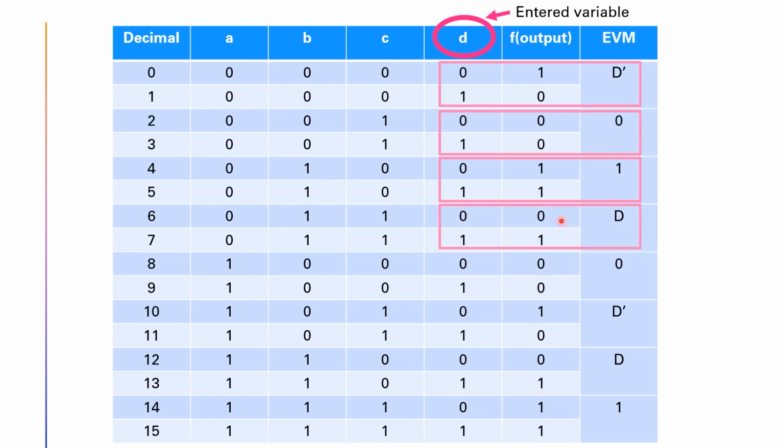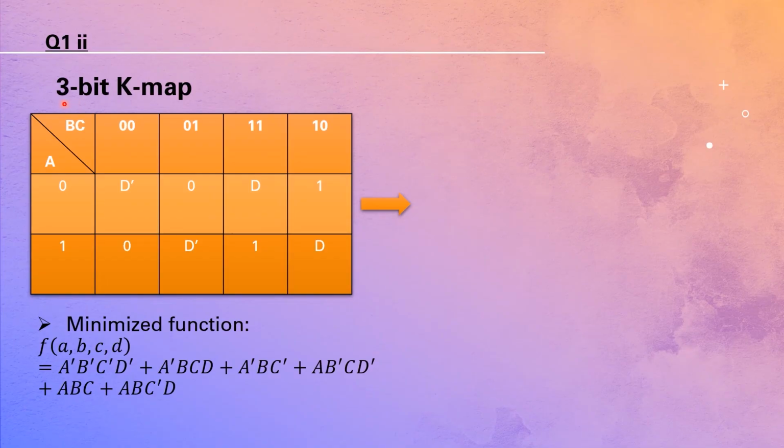Lastly, we can see that the variable f is equal to the variable d, so the EVM value will equal d. To construct the 3-bit KMAP, we first need to convert the data from the truth table into it. For this KMAP, the result will be shown in the minimized function, and the result will be here.